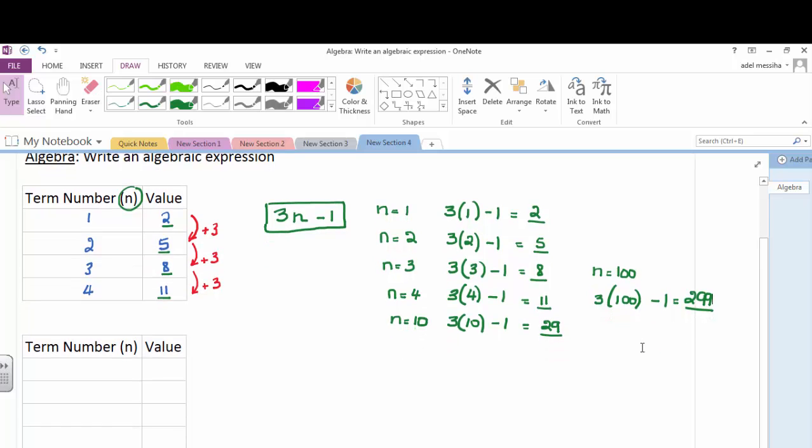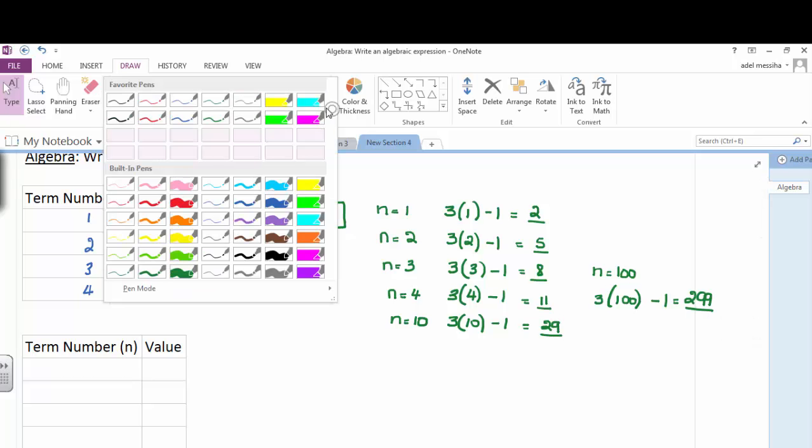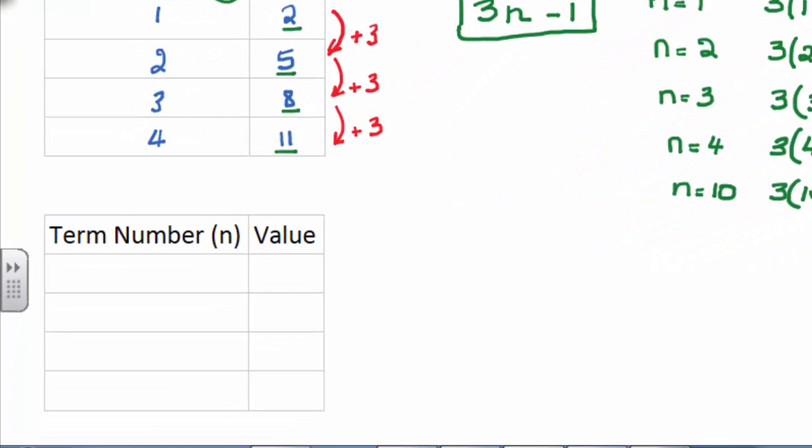There is another strategy to find an algebraic expression. Let's check it, and after that I will show you that even if I get another algebraic expression, both lead to the same answer. So let's check how we can get it. Again, I'm going to return to the main issue: term number n and value.